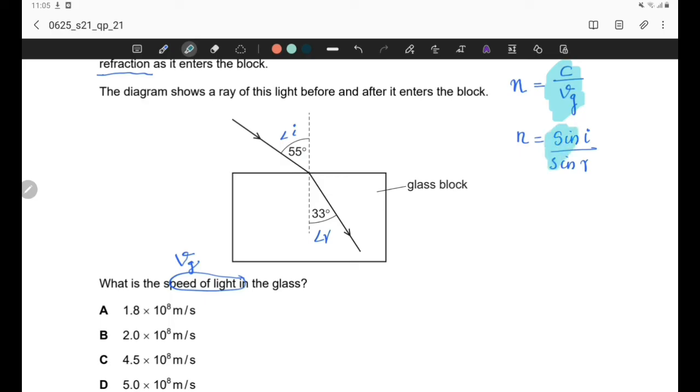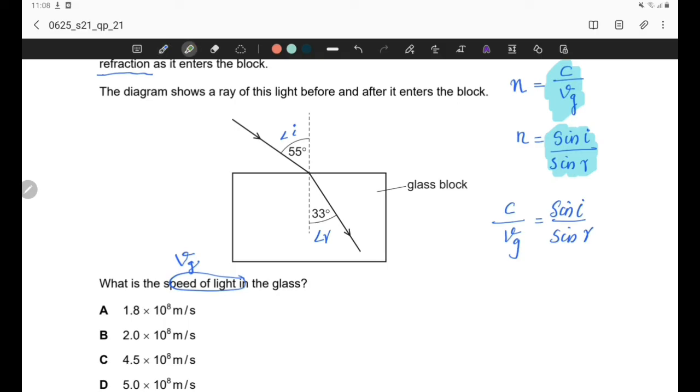So both are equations of refractive index, and we can equate the right-hand sides of both equations. So we get the speed of light in vacuum over the speed of light in glass is equal to sine of the angle of incidence over sine of the angle of refraction.